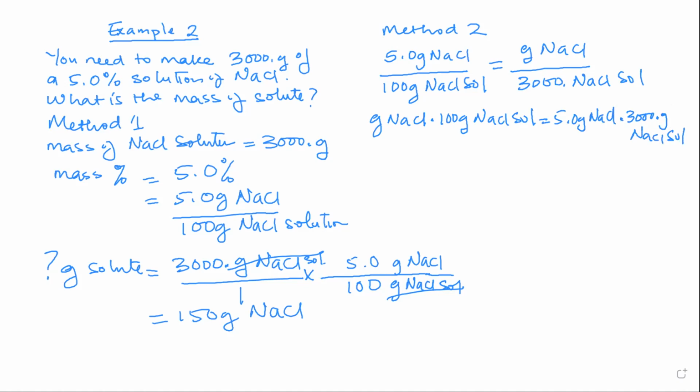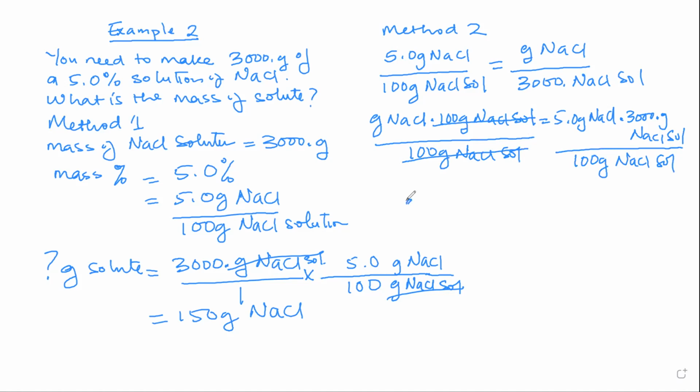Now, we want to find grams of this, so we divide this side by 100 grams of sodium chloride solution. We also divide this side by 100 grams of sodium chloride solution. So we cross this out.